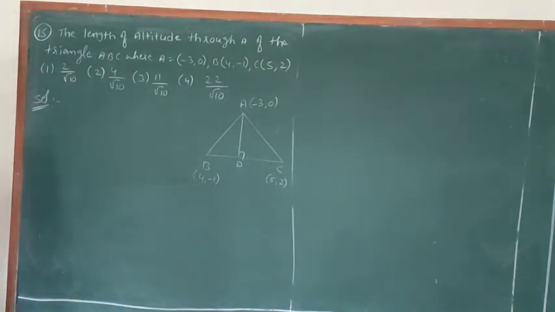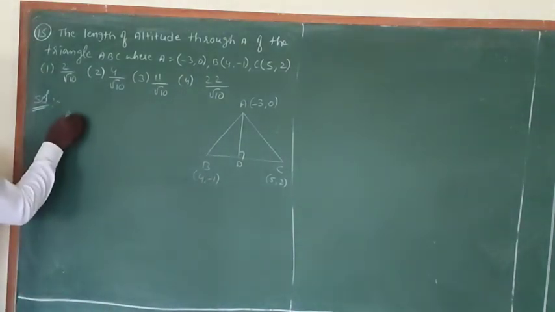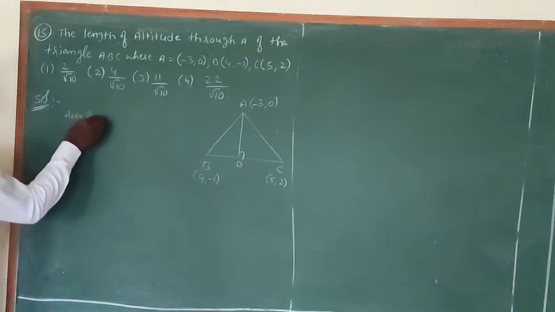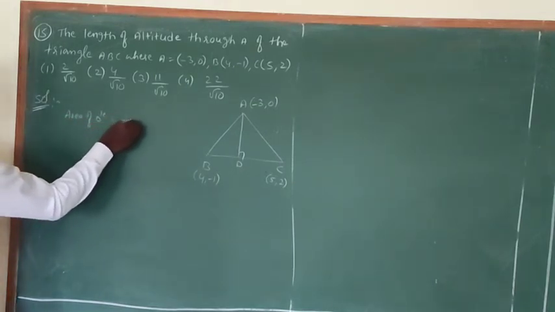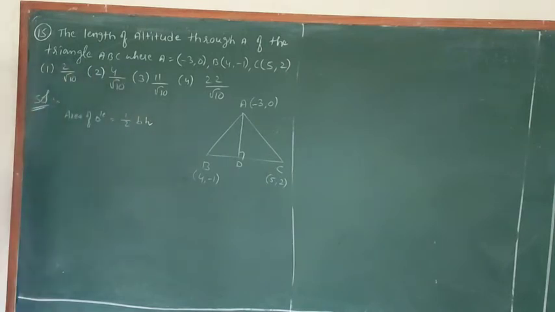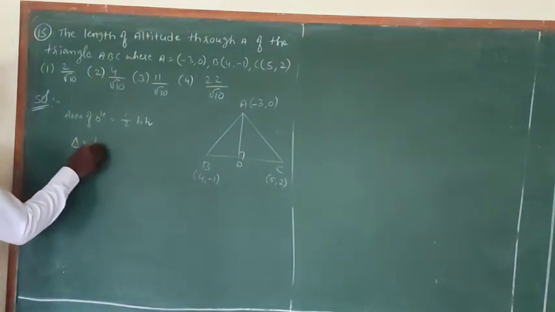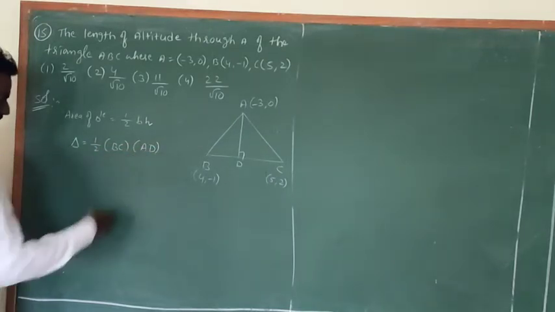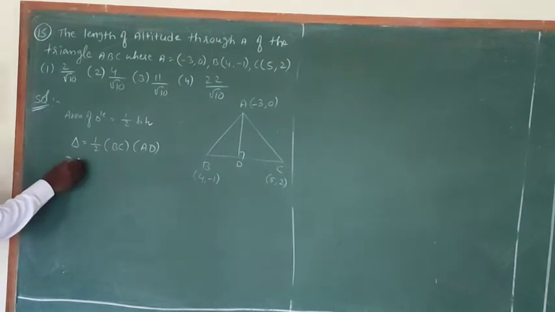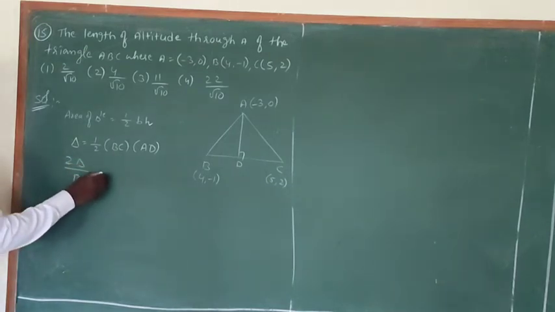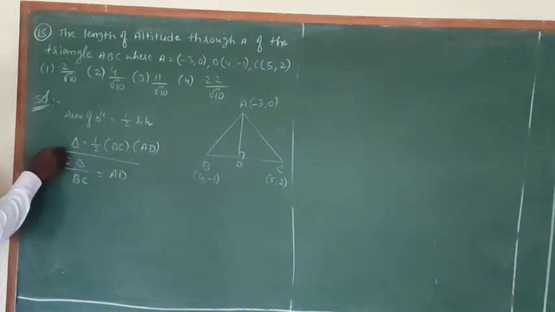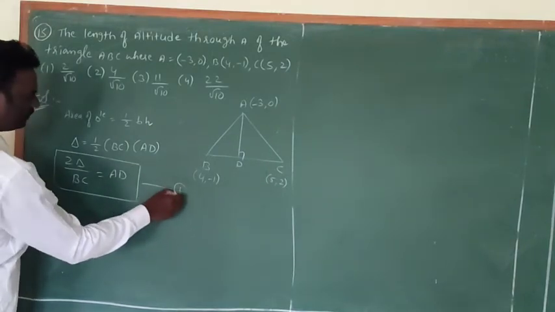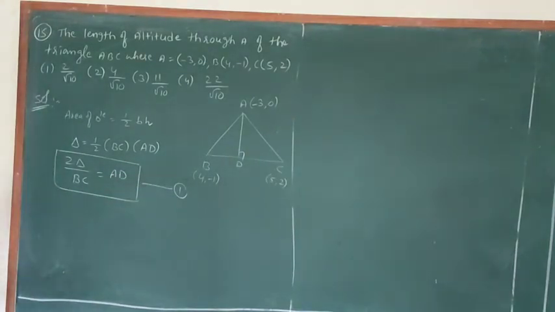Now here I am finding the area of the triangle, which is equal to half into base into height. Delta equals half into base, meaning BC, height meaning AD. Then 2 delta by BC is equal to AD. So if you want this AD, we need to find delta and BC.